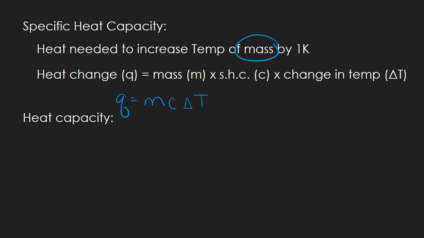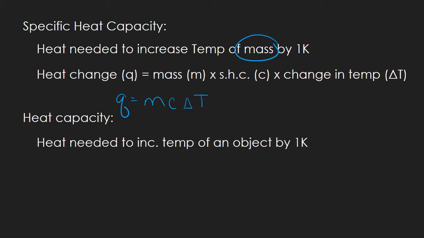Then you could look at just the heat capacity in general. So this is the heat needed to increase the temperature of an object by 1 Kelvin. So we're not looking at the mass of an object, we're just looking at an object itself. And this helps us to distinguish the relationship between different objects.